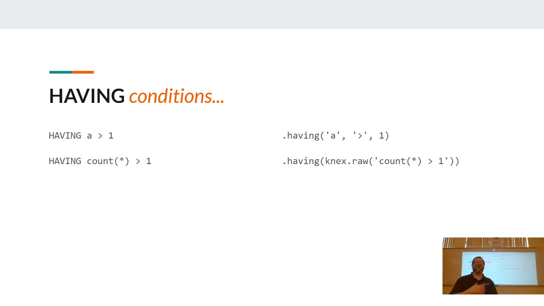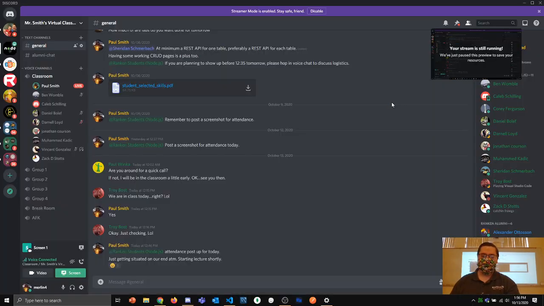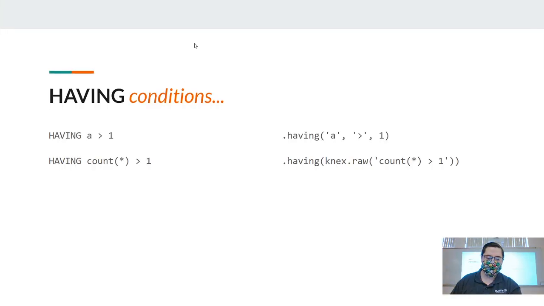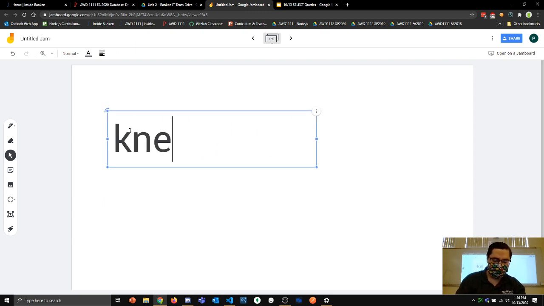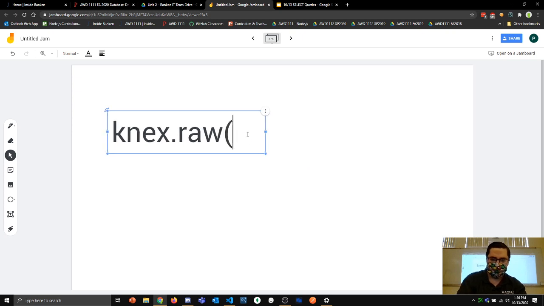So the most dangerous thing to do is say knex raw and then take this plus that and pull that in from the user. Let's say knex raw, and I want to have a where clause, so I might write it like this.